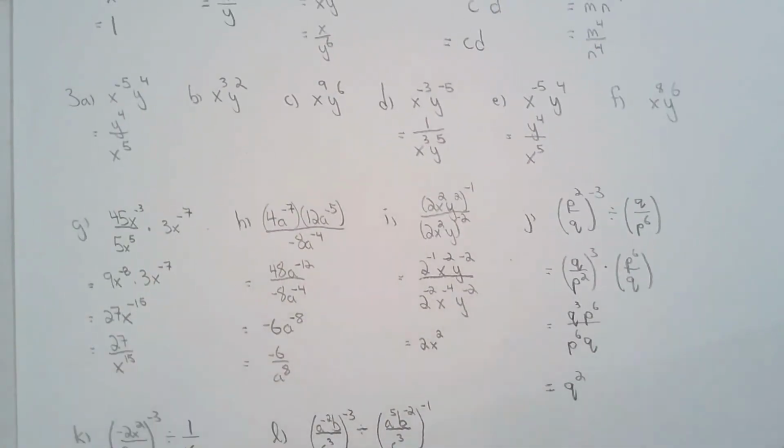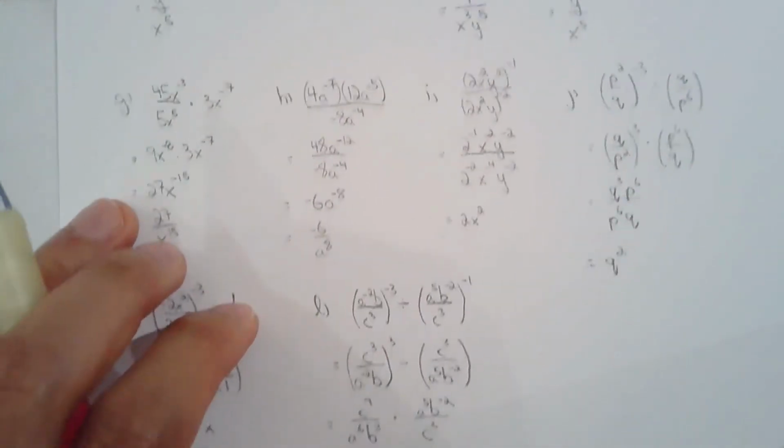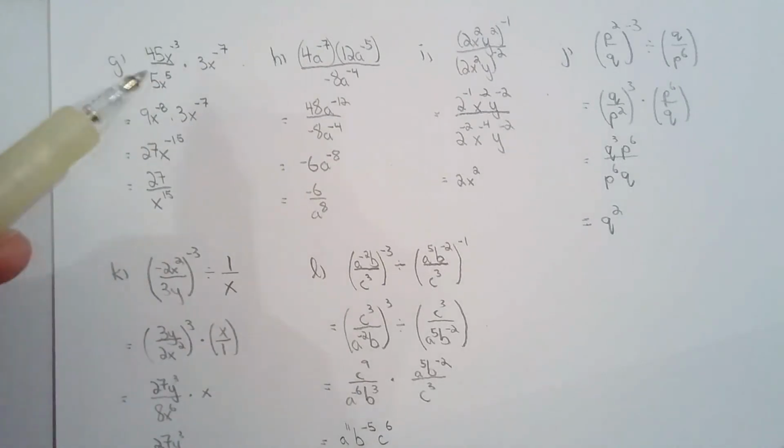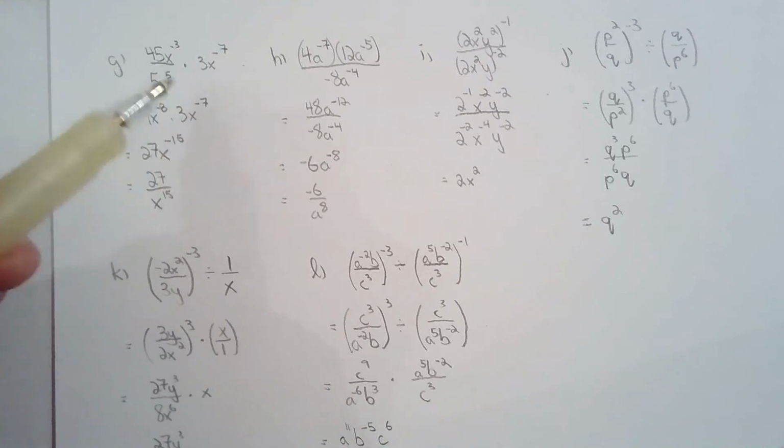Okay, question 3 was the most interesting. G, H, I, J, K, and L were the most interesting, so I'll just run over G, H, I, J, K, L. First of all, I rewrote it because I didn't like having division and multiplication signs the way they were presented in the question.